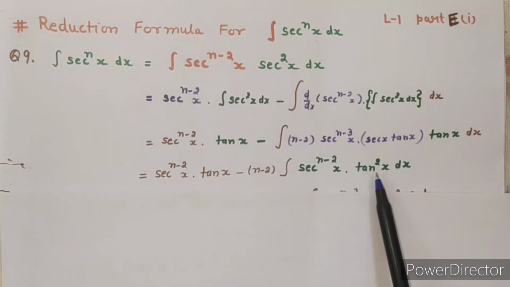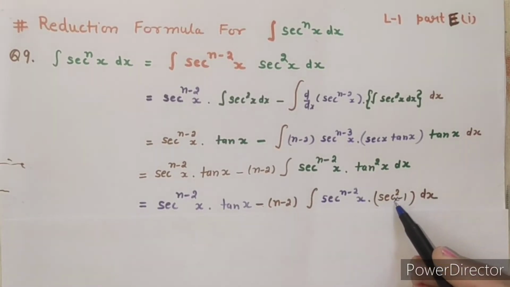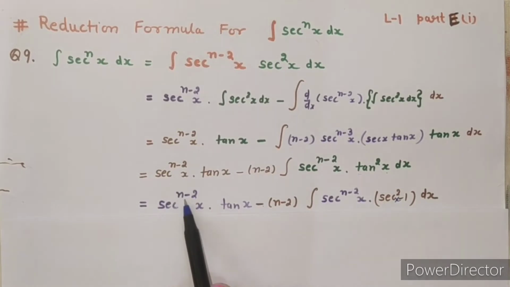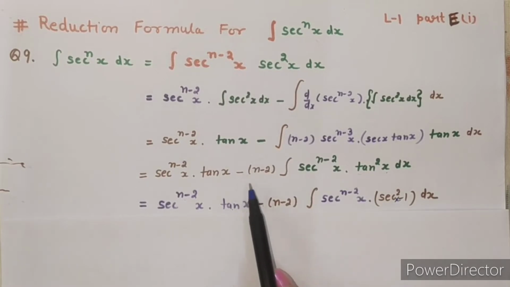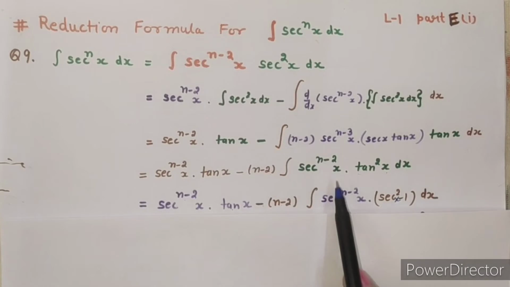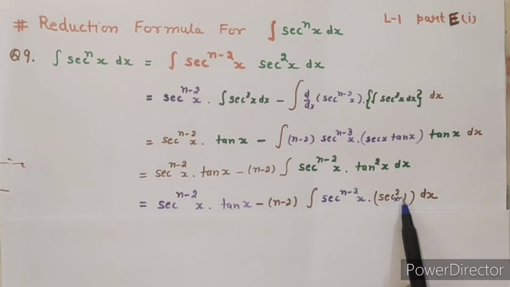Now you can write tangent square x as secant square x minus 1. I am using this identity here. So this term secant n minus 2 x is as it is, this term is also as it is, minus sign, n minus 2 integration, secant n minus 2 x, and in place of tangent square x you will write secant square x minus 1.